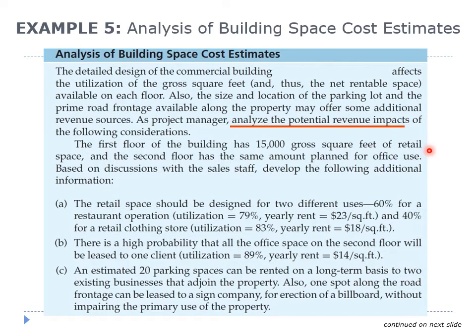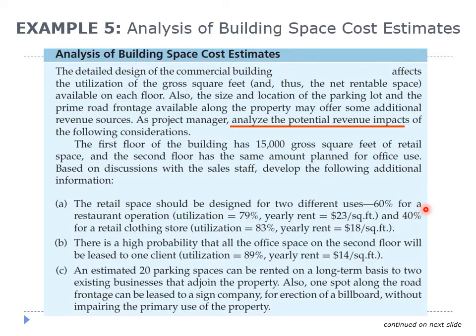The first floor of the building has 15,000 gross square feet of retail space, and the second floor has the same amount planned for office use. Based on discussions with the sales staff, develop the following additional information.